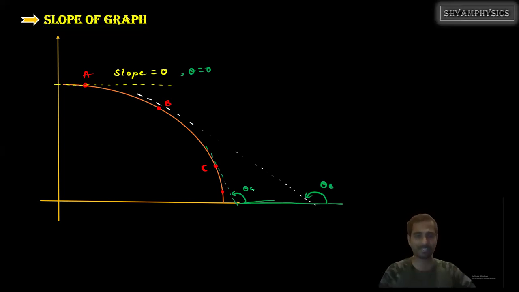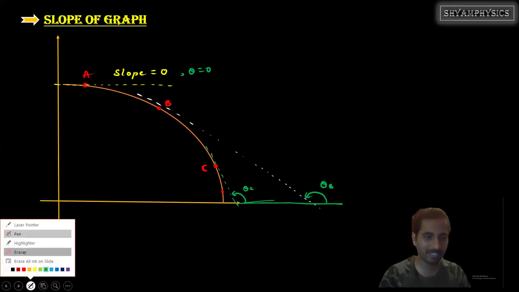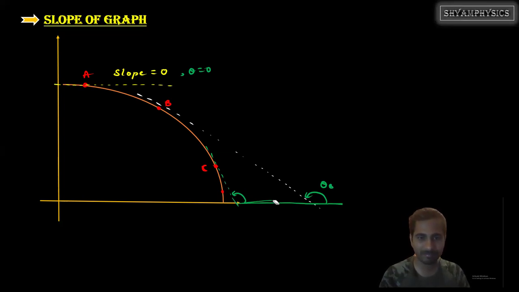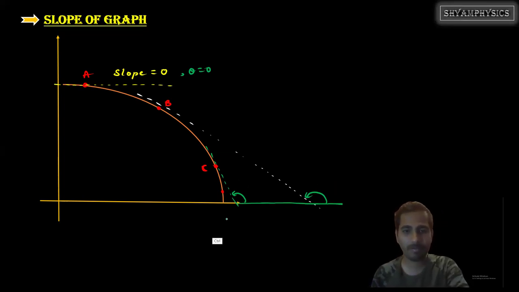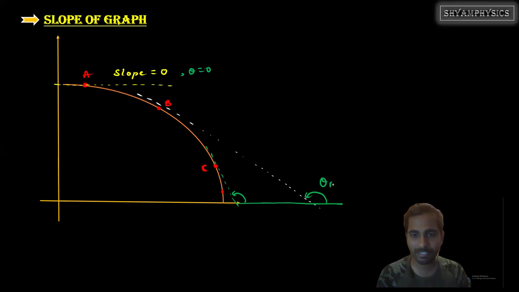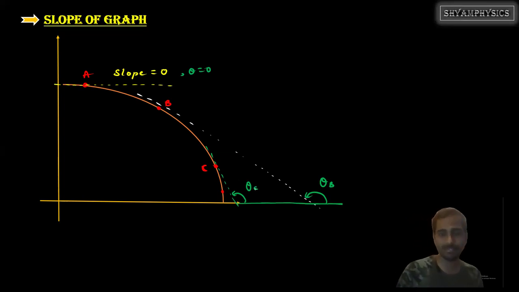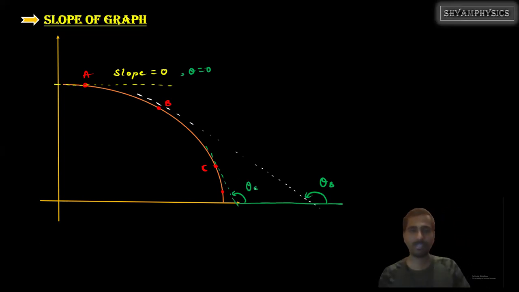Which theta is greater now? Look carefully. This is theta for B point. This is theta for C point. Obviously, theta C is greater than theta B. Theta C is almost straight.